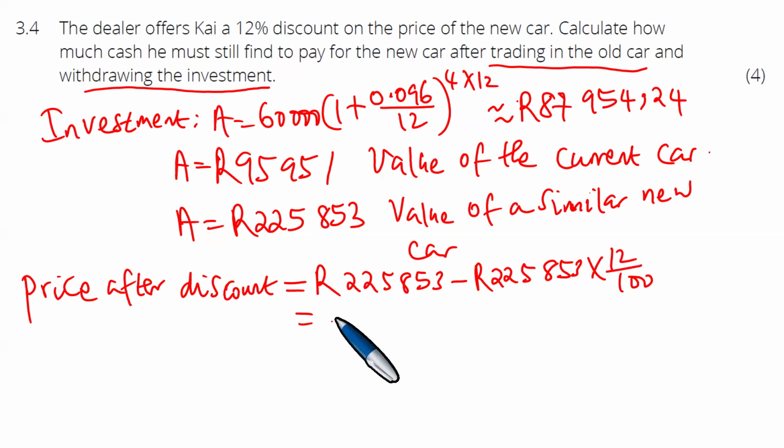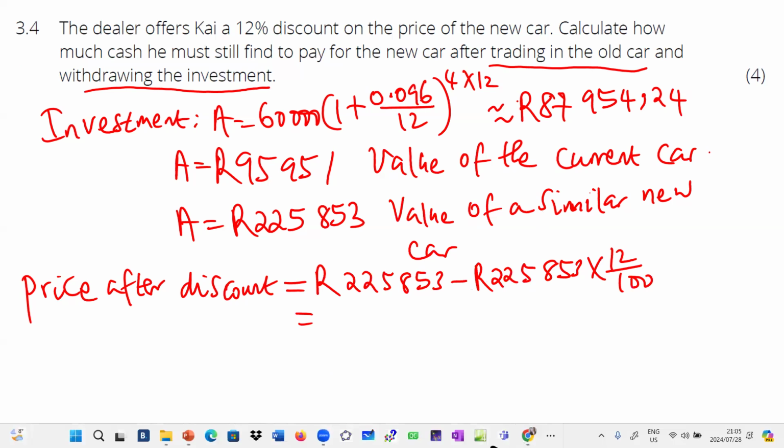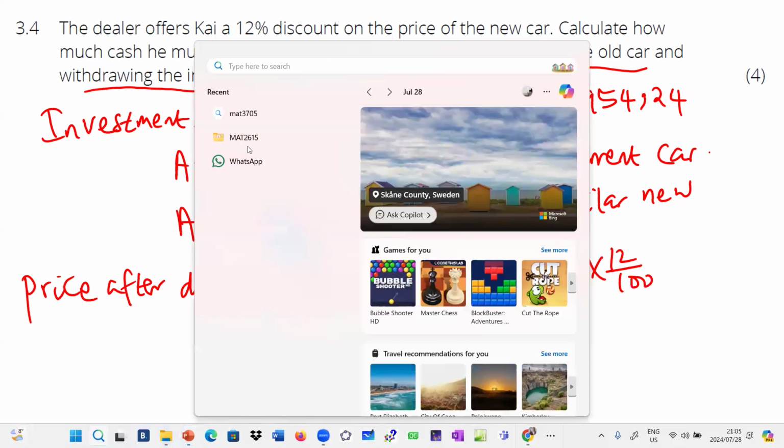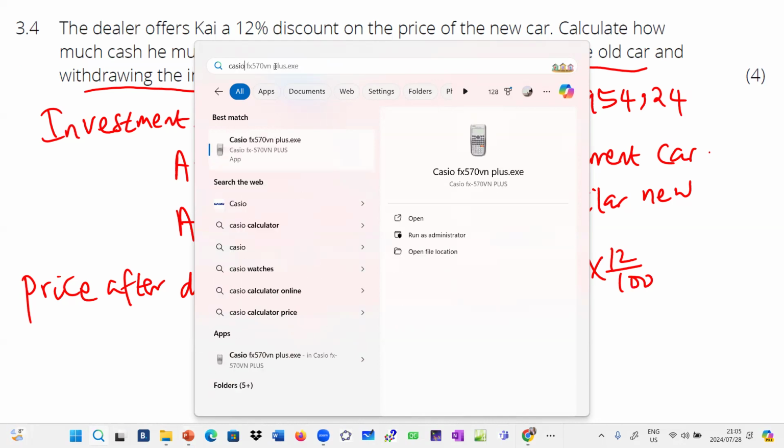So you have the following. Right, I'm looking for the Casio calculator.